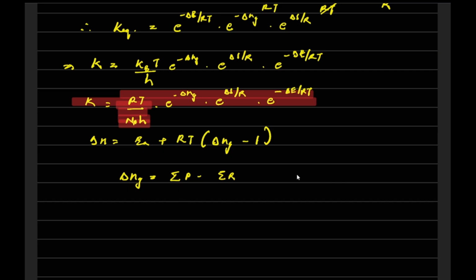So in this reaction, A plus B gives transition state X, the transition state count is 1 minus the reactants count of 2, which is equal to minus 1. So this is also a very important formula.